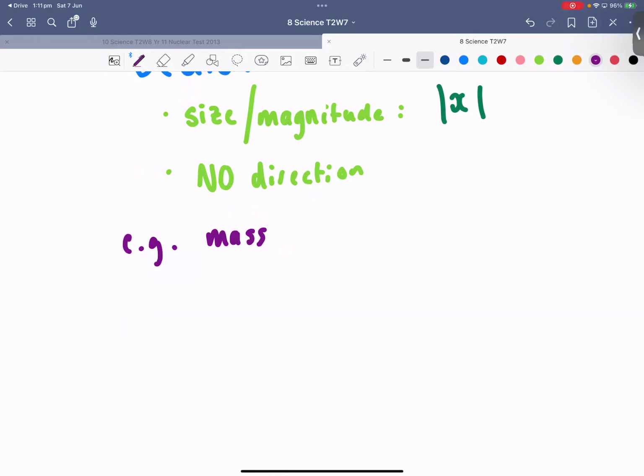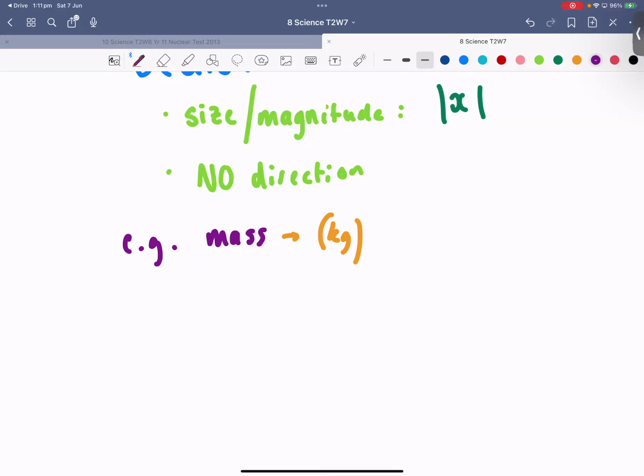Guys, what's mass measured in? Any force you measure in Newton. Yes, because you sound like an absolute dweeb if you say Newton, right?